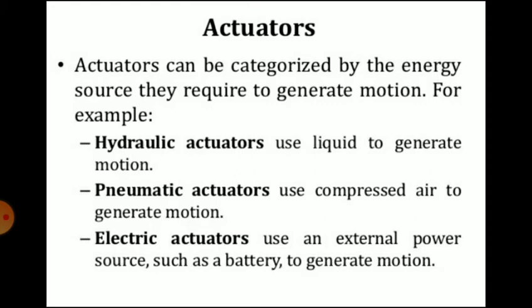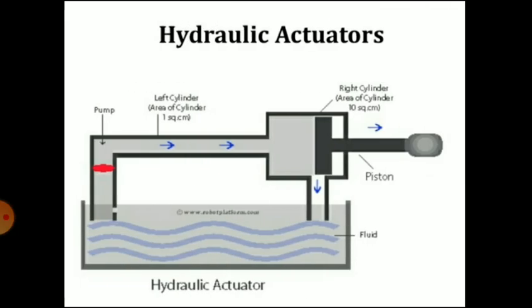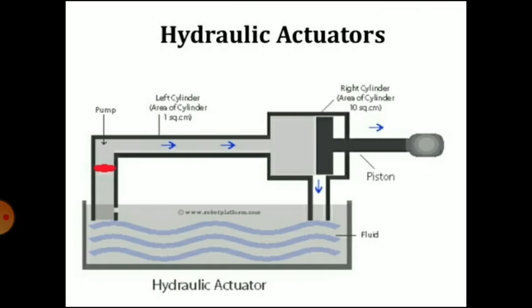Pneumatic actuators use compressed air to generate motion, and electric actuators use an external power source such as a battery to generate motion. You can see the diagram of hydraulic actuators, showing how the hydraulic fluid is used to drive or move the actuator.